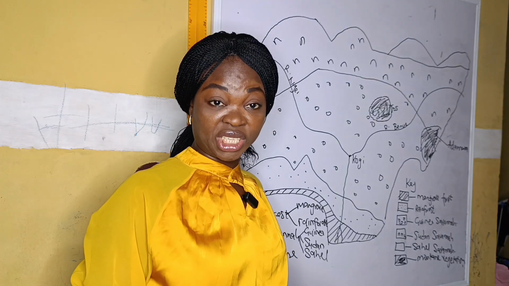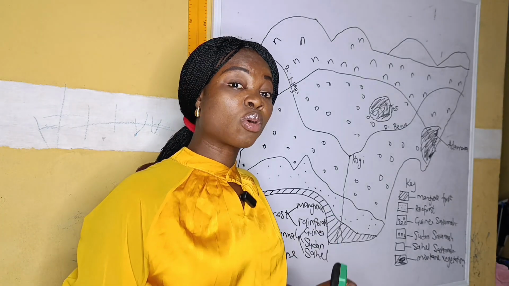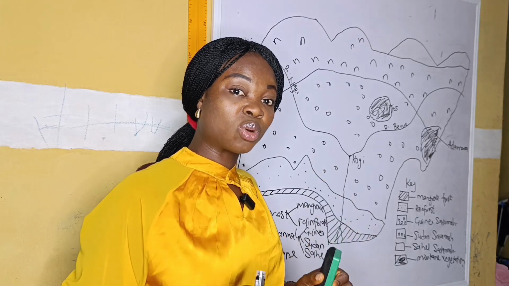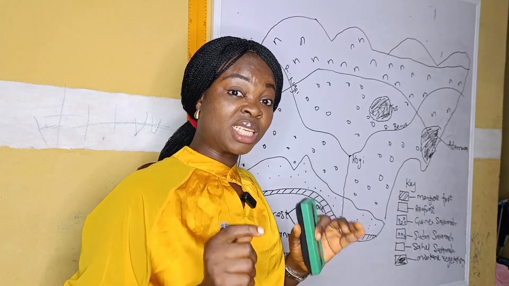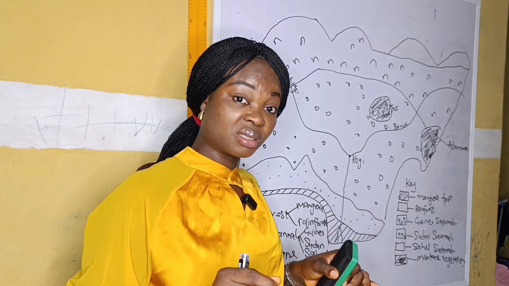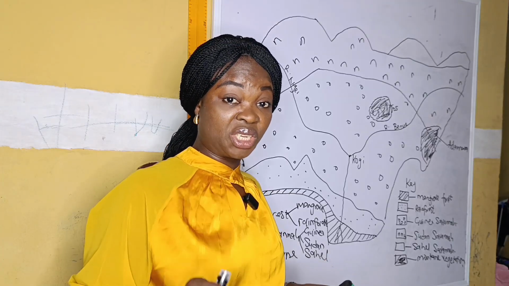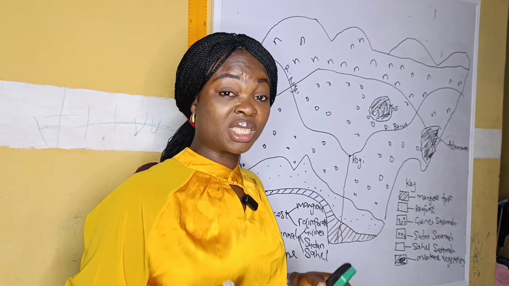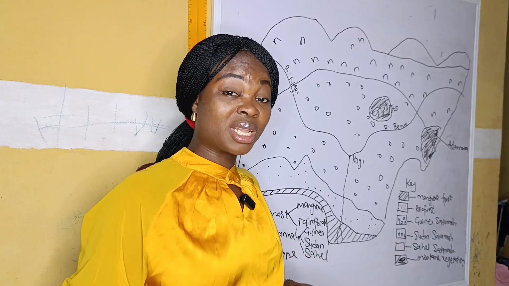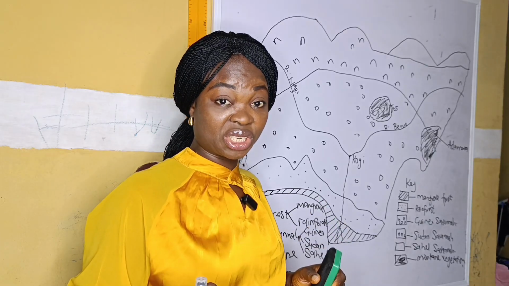Importance of montane vegetation. Livestock production can be carried out on montane vegetation, especially transhumance. Cultivation of crops also takes place on montane vegetation. Montane vegetation serves as a site for educational and scientific research.